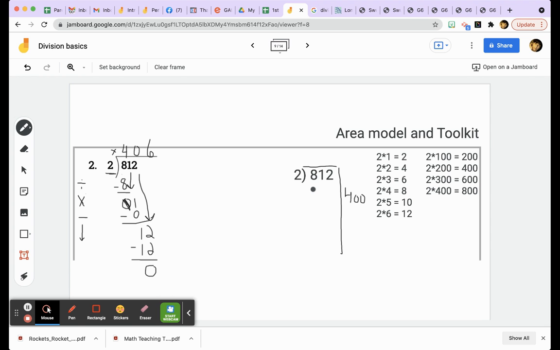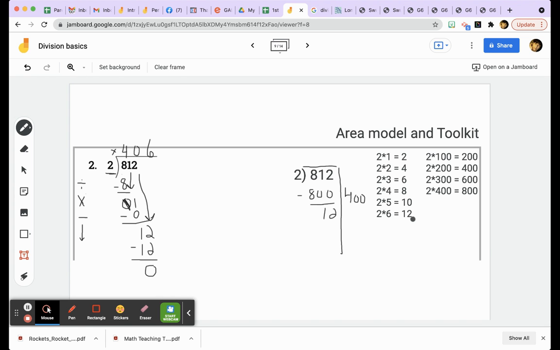400 times 2 is 800. I put the 800 under my dividend. Subtract. And I have 12. Well, now I'm going to look for a product that's as close to 12 as I can get without going over.